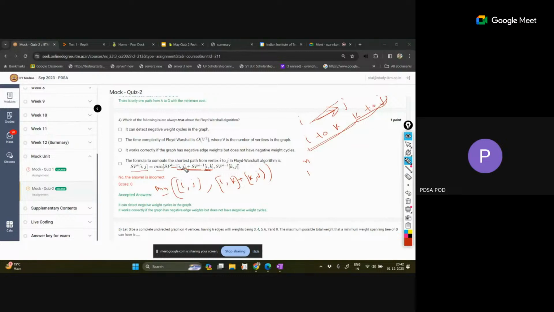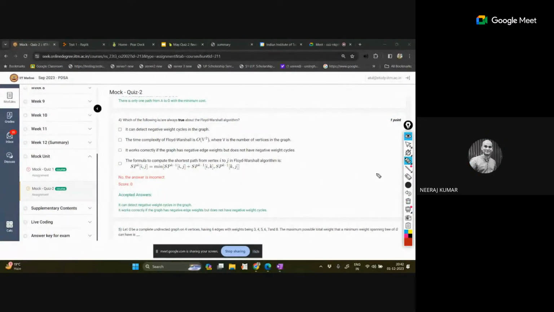So this is not correct. Here we select from i to j, comma, i to k plus k to j. Because of that, the plus is in the wrong place, so this formula is not correct for selecting the distance. If you mark the comma here and put the plus here, i to k plus k to j, then it will be correct.